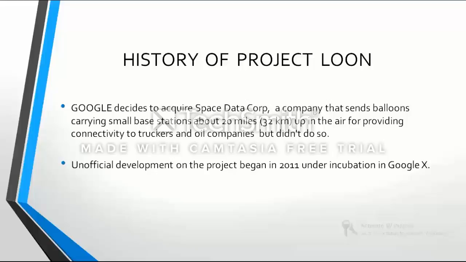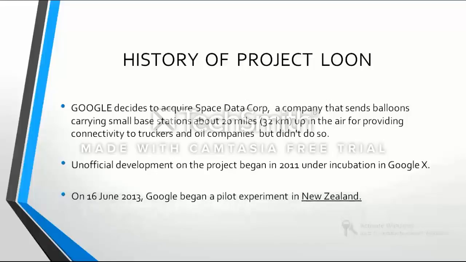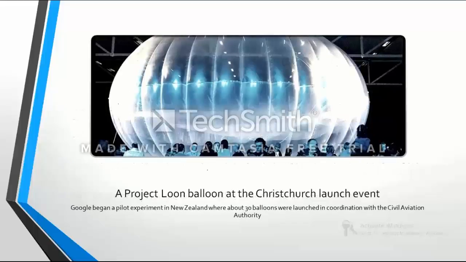Unofficial development of the project began in 2011 under incubation in Google X with a series of trial runs in California's Central Valley. The project was officially announced as a Google project on 14 June 2013, and the pilot experiment began in New Zealand, where about 30 balloons were launched in coordination with the Civil Aviation Authority from the Tekapo area in the South Island.